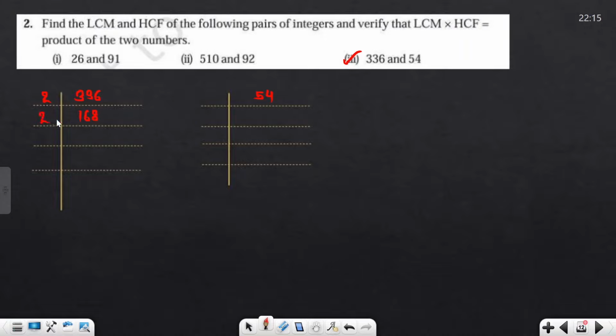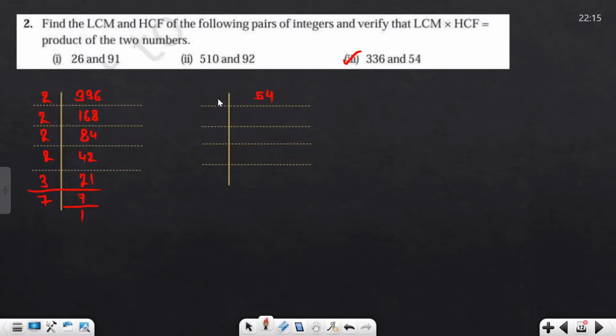Again divide by 2: 84. 84 divided by 2 is 42. 42 divided by 2 is 21. 21 divided by 3 is 7, and 7 is a prime number.